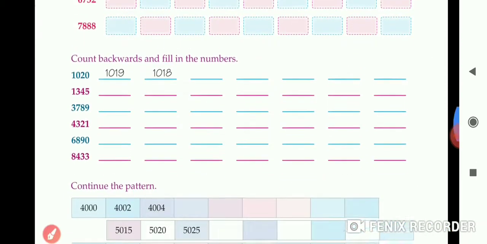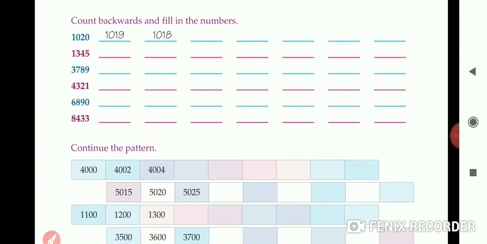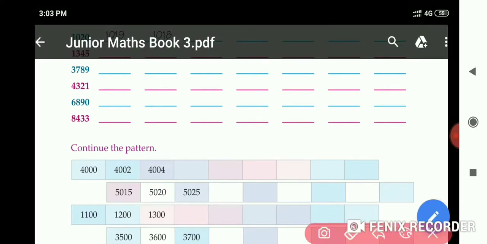Count backwards and fill in the numbers. We have to fill the numbers by backward counting. In the first example it is given 1020, 1019, 1018, like this, 1017, 1016. We will fill all the blanks. Now this part, 6890.